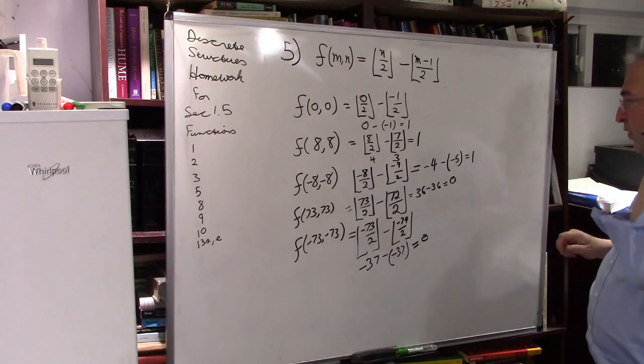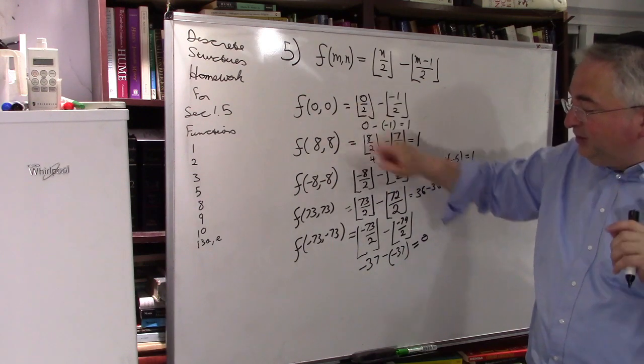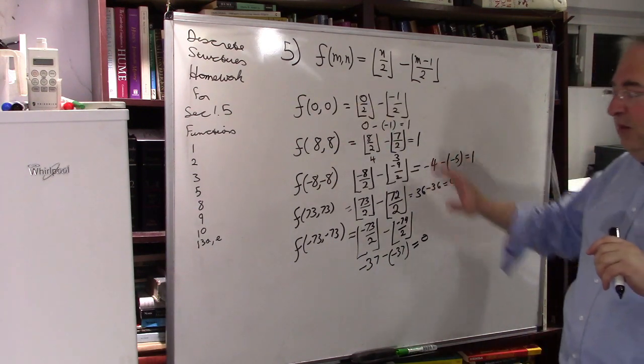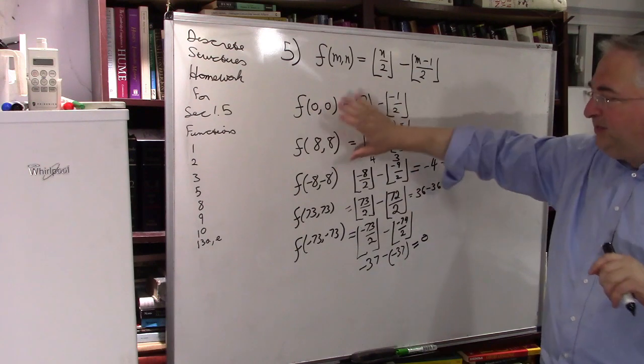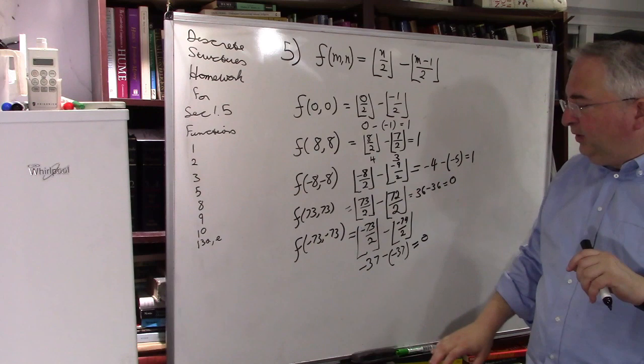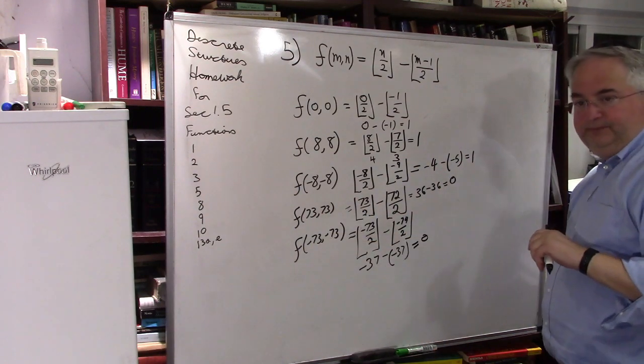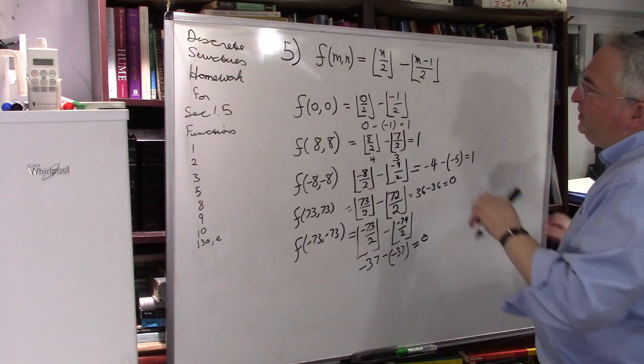Okay, the main point is, whenever we inputted an even number, positive or negative, we got out a 1. Whenever we put in an odd number, positive or negative, we got out a 0. And the way to see this is as follows.